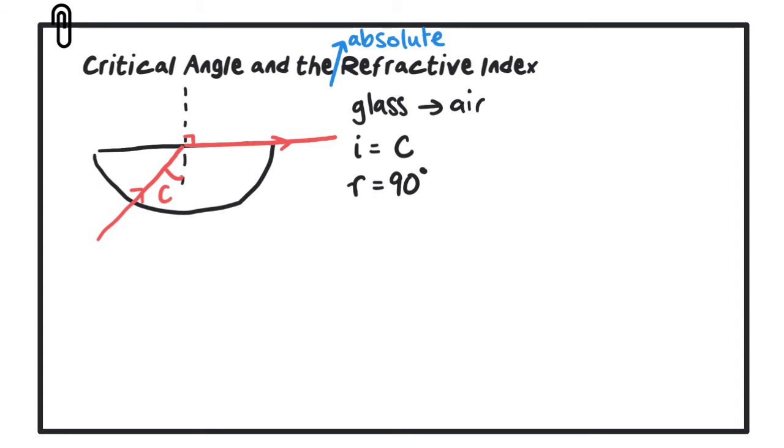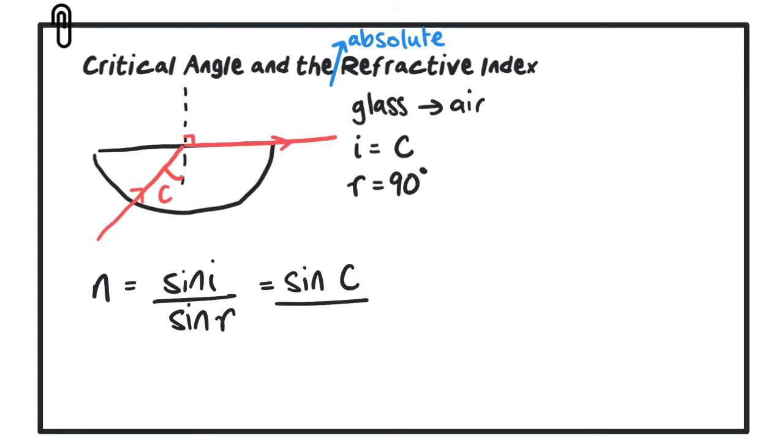So now we're going to take those values and put them into the equation for Snell's law, which is n is equal to sine i over sine r. Now in this case, i is equal to the critical angle, so we have sine C divided by sine r, which is 90. Now there's one thing we need to be very careful with here.